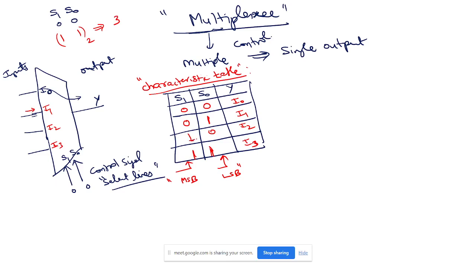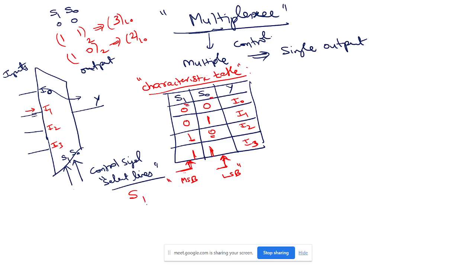Similarly, if S1 is 1 and S0 is 0, right? 1 0, if I convert it into decimal, it will become 2. Correct? Very, very important to recognize which is MSB and which is LSB. We will see this in a lot of problems, right? And you might ask, sir, what is this S1?